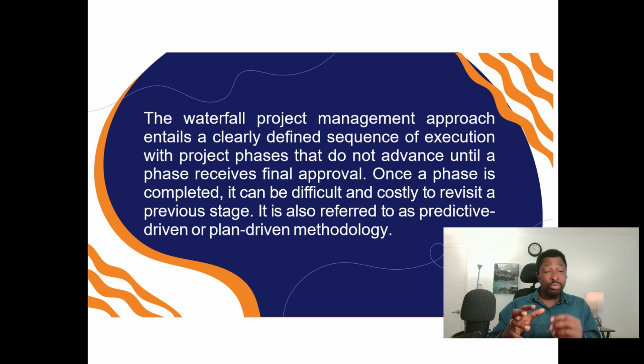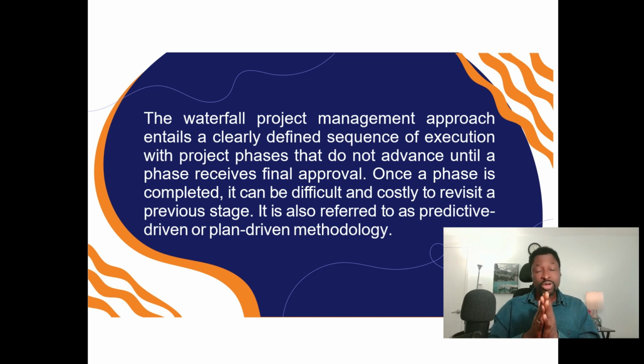Also, if you have to buy anything, you have to procure anything, you have to work with external vendors, external stakeholders who could be our vendors, we have to do this planning during the planning phase. So there are a lot of things that we do during the planning. So we call it plan driven because we have to spend a lot of time during the planning phase.